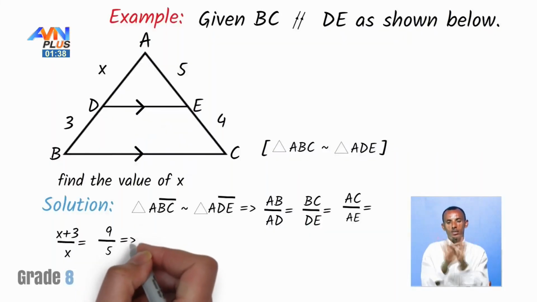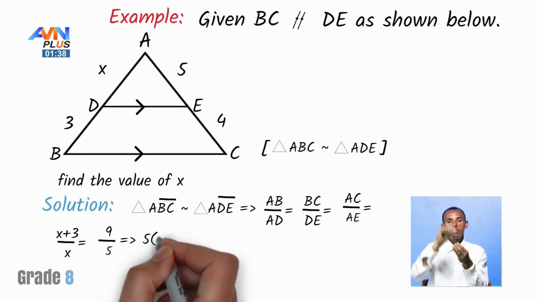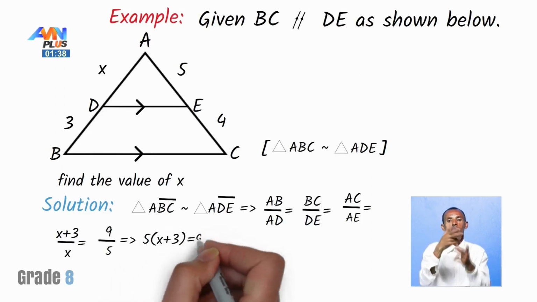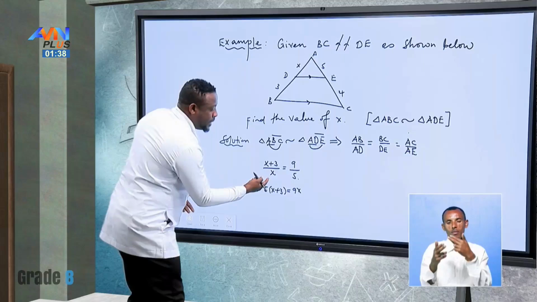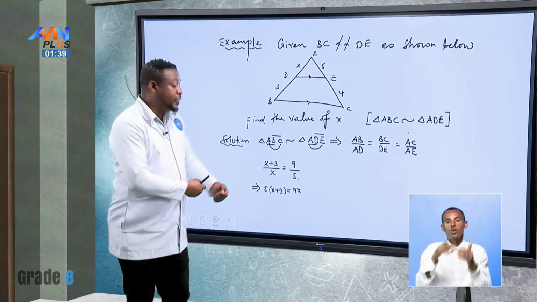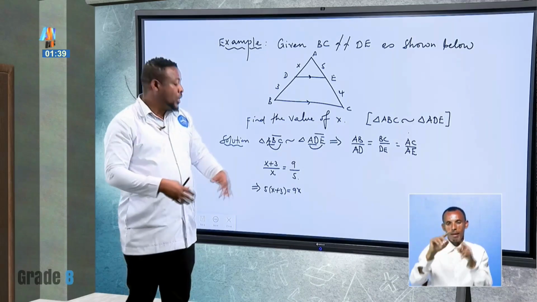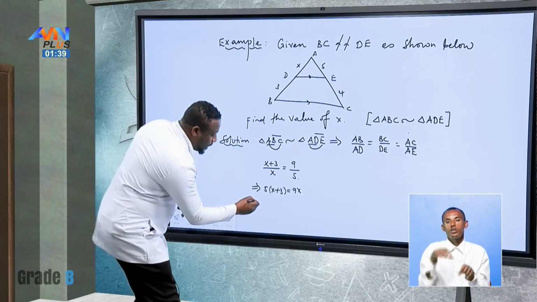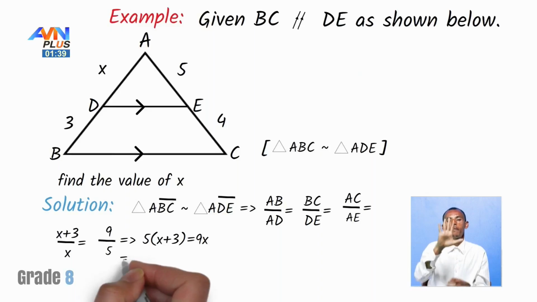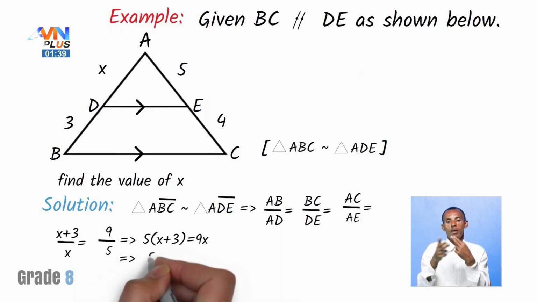This implies 5 times x plus 3 is equal to 9 times x. Okay, multiply this by this and x by 9. The next step that you need to do is you have to distribute the number outside the bracket into here. So it becomes 5 times x plus 5 times 3 is 15.